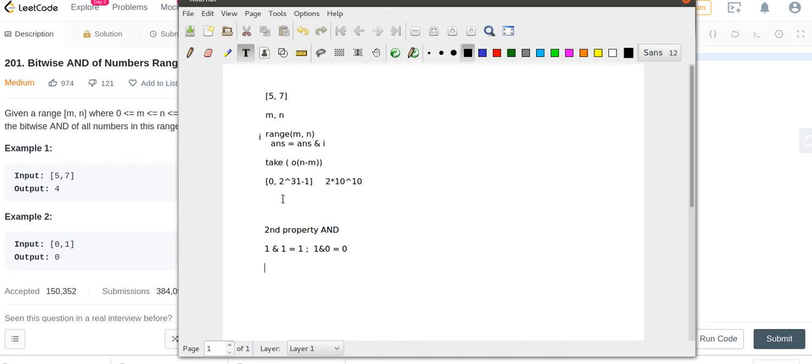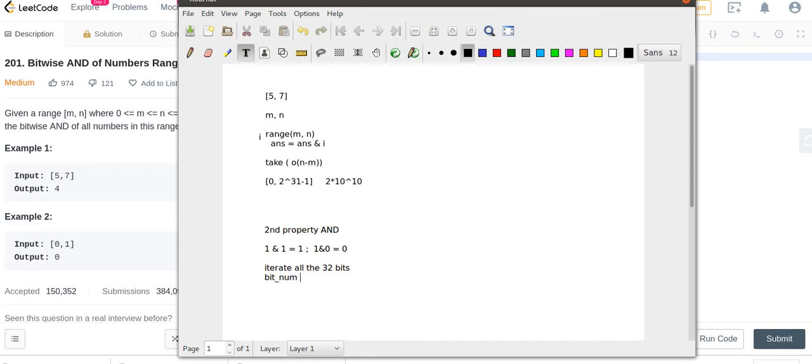So as long as there's a 0 in that bit, the result is always 0. If the result is 1, then all the bits should be 1. So we can iterate all 32 bits and use a number to get the bit.